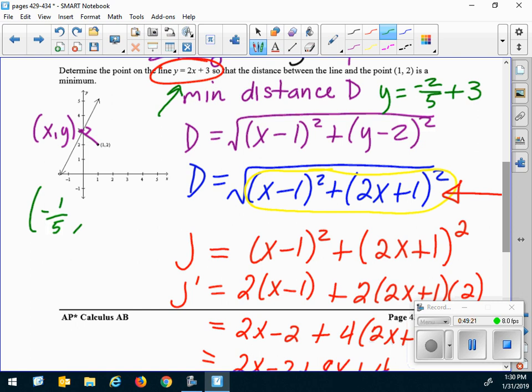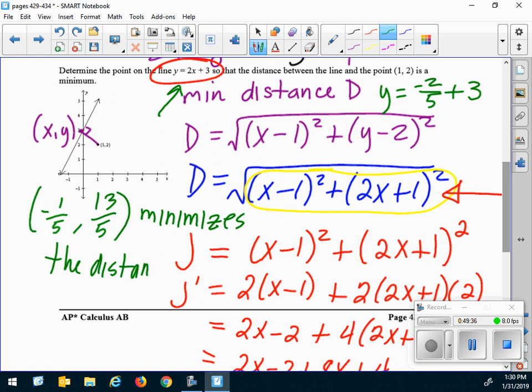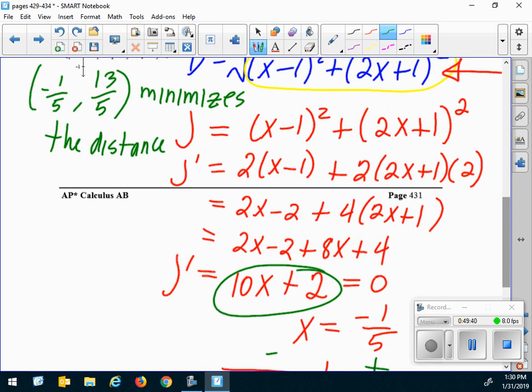Yep, 13/5. Minimizes the distance to the point 1.